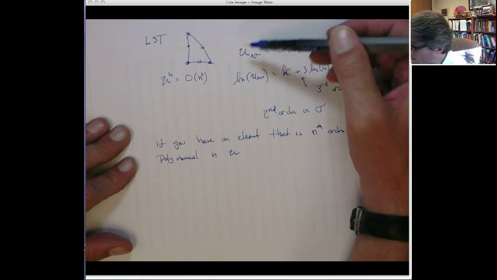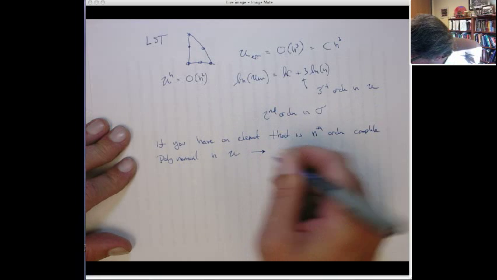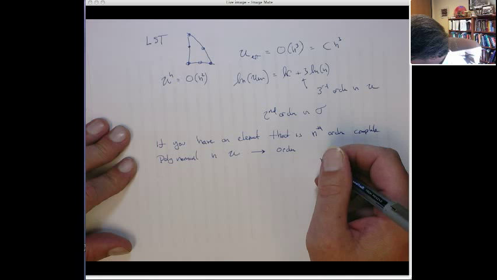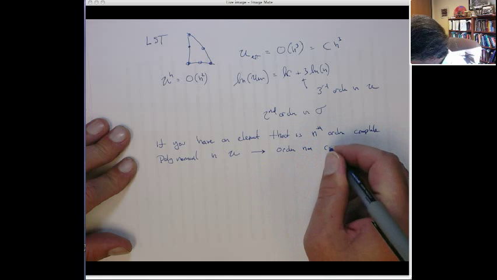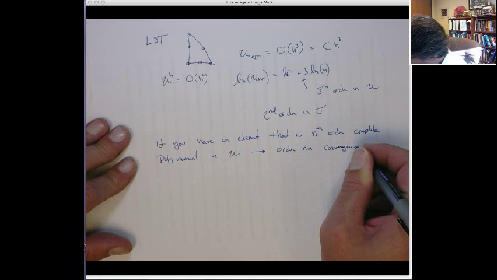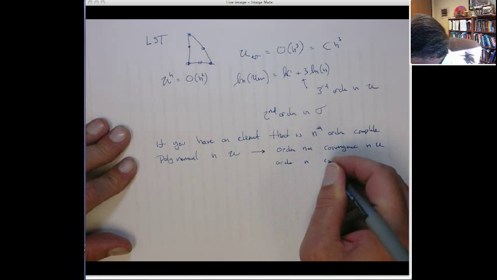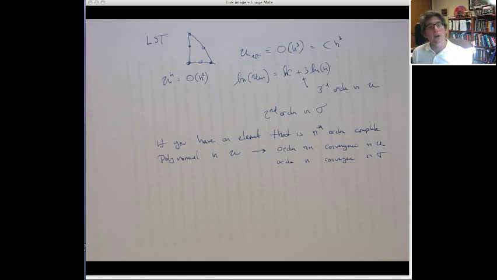So for example, this is quadratically complete. Then this becomes order n plus 1 convergence in the displacement, and order n convergence in the stress. So basically, whatever the order of the polynomial for the interpolation is, that's going to be the convergence in stress, and the displacement convergence will be one order higher.